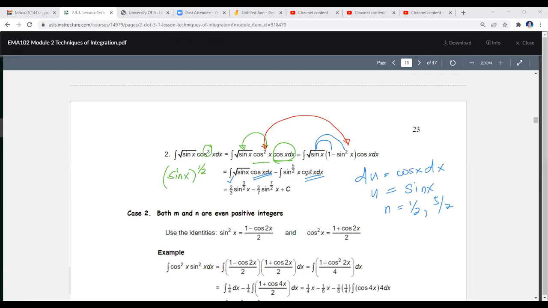So 5/2 plus 1 would be 7/2, divided by 7/2, or you see it now here as 2 over 7. So in both cases, the tool that you use is power rule. You use power rule in evaluating the two integrals here, after you have done the trigonometric transformation.